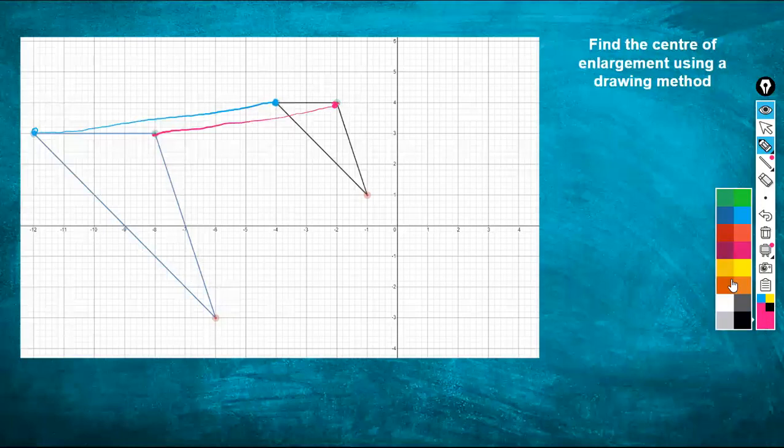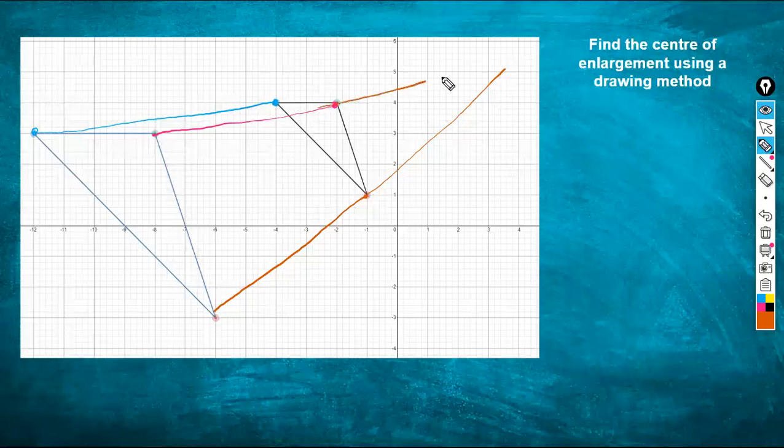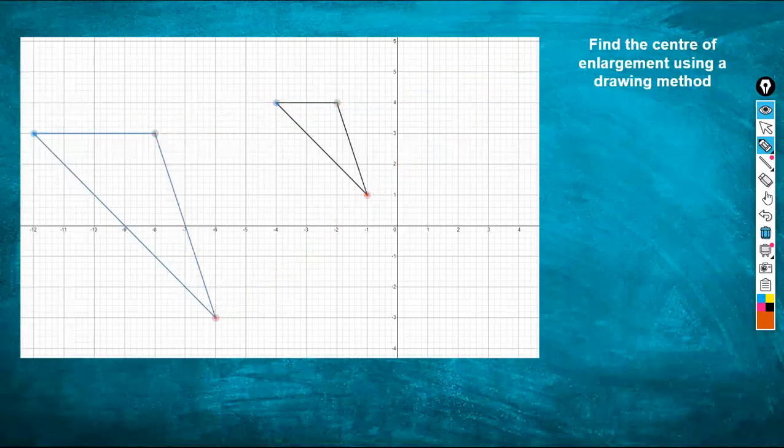And one more. Didn't this point grow up to become this point? All you have to do is backtrack the lines. The pink line, continue it backwards, and the blue line, continue it backwards. And wherever all 3 lines meet would have been what? The center of enlargement. But let me do that better for you all using some animation here.